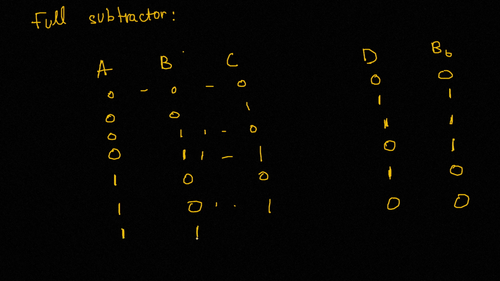Then we have 1, 1, 0. So 1 minus 1 is 0, and 0 minus 0 again gives us 0 in the difference and 0 in the borrow. Then we have 1, 1, and 1. So 1 minus 1 gives us 0, and then 0 minus 1 gives us difference of 1 along with a borrow. So this is the truth table for a full subtractor.